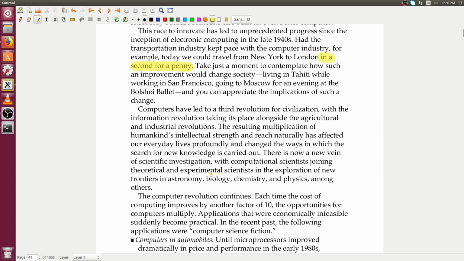Let's see. So another amazing thing. It really enables a lot of fields: astronomy, biology, chemistry, and physics. A lot of the advancements in these fields are only possible because computing has got to where it is.